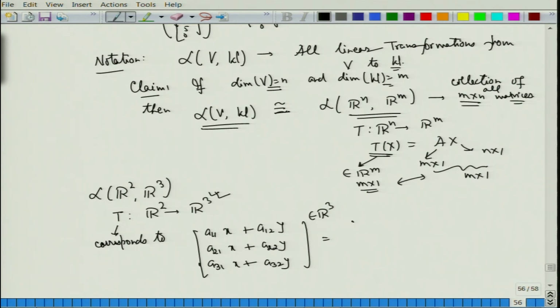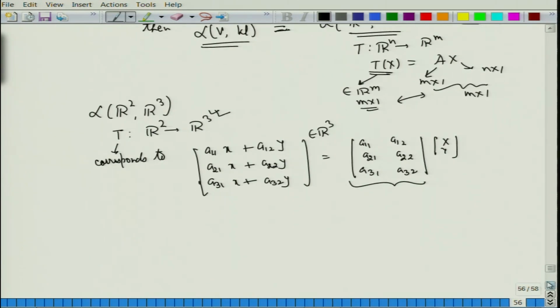I can break this up as the matrix with rows A11, A12; A21, A22; A31, A32, times (x, y), fine, and therefore T is basically corresponding to this part.